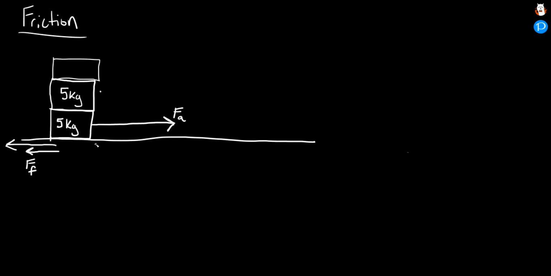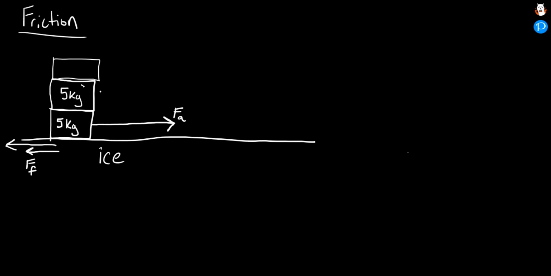Another thing you might think of is what kind of surface I have. Are these blocks on something like ice? As we all know, if we're on something slippery or really smooth, it's going to be easier for me to slide these blocks.